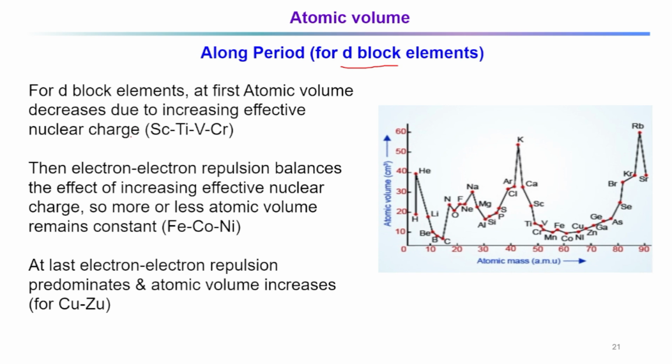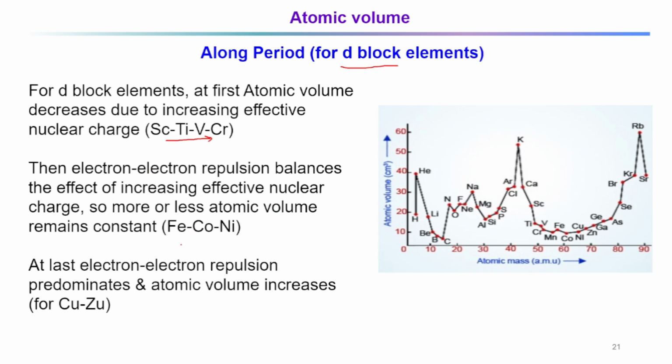The same thing: as we increase the number of protons and electrons from scandium to titanium to vanadium and chromium, we can see the number of protons is increasing. So the electrostatic attraction is increasing, and that's why the size is shrinking and the atomic volume decreases. Then electron-electron repulsion balances the effect of increasing effective nuclear charge, so more or less atomic volume remains constant.